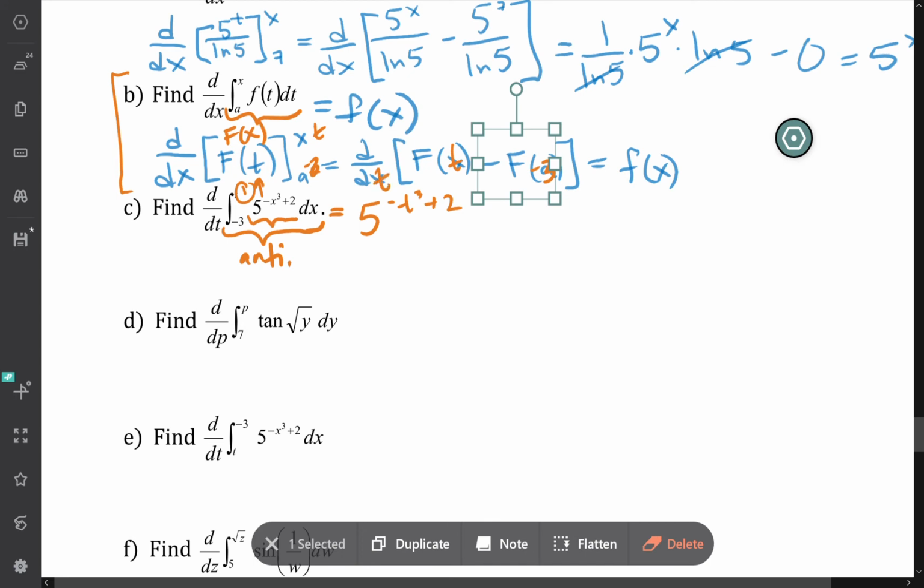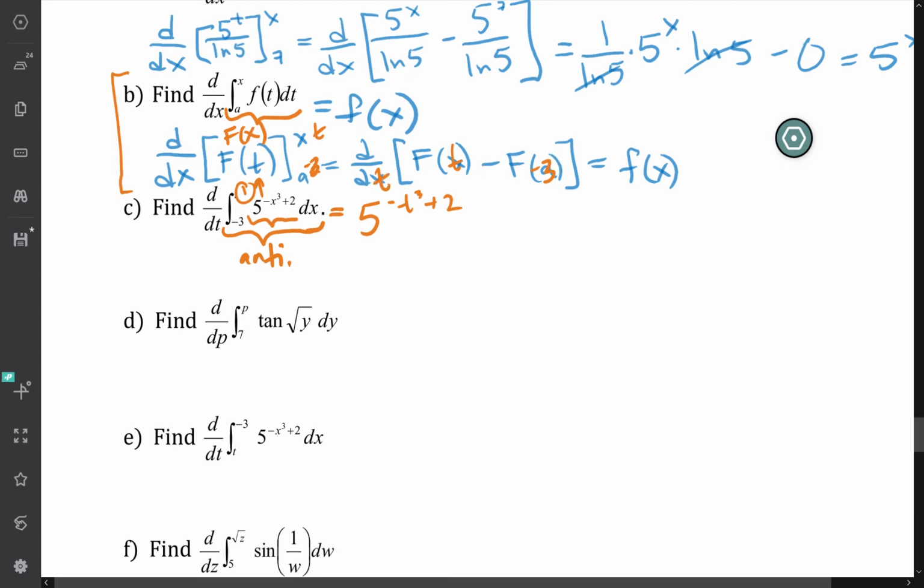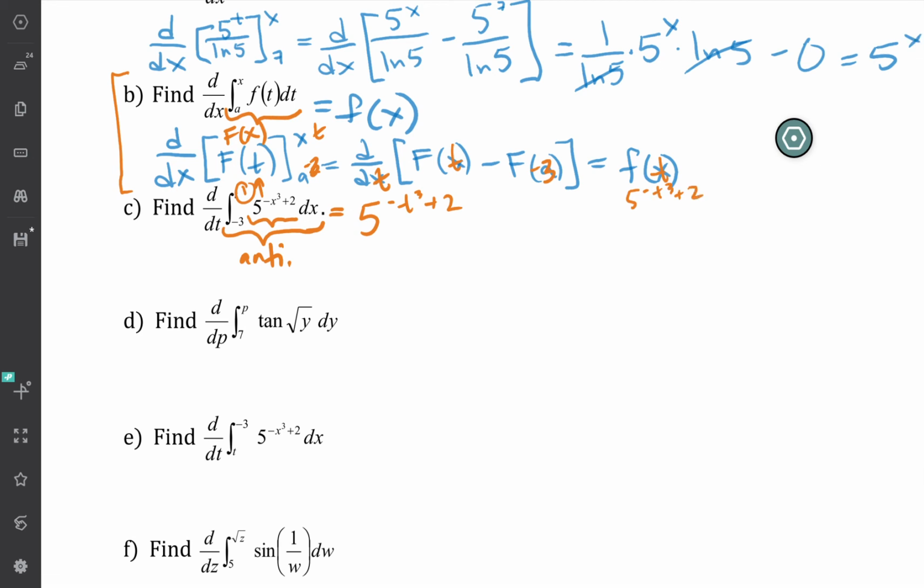And then we'd take the derivative. The derivative of f of t would get us back to little f of t, which is our 5 to the negative t cubed plus 2. And the derivative of big F of -3 is just going to be 0. So that's just going to drop out for us.